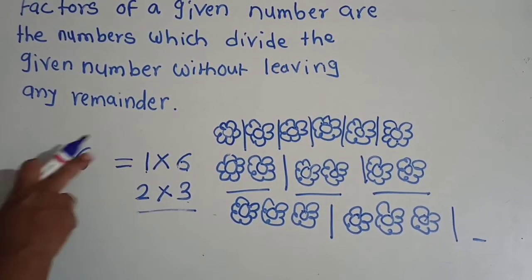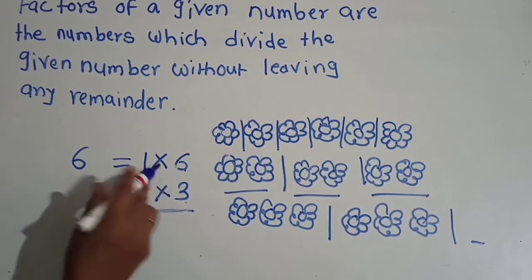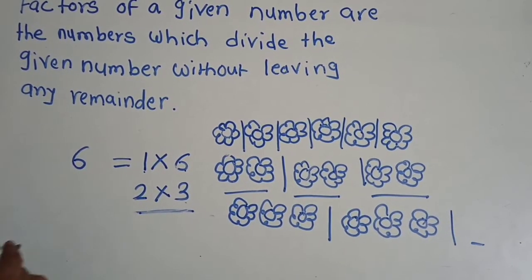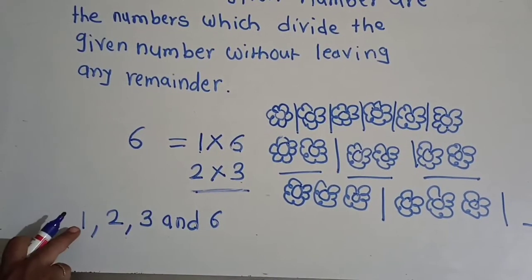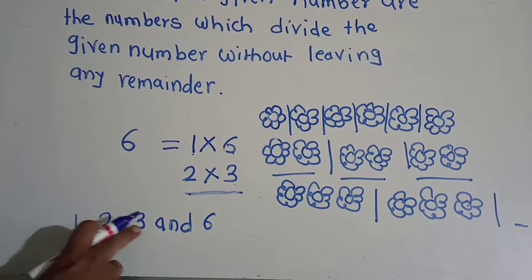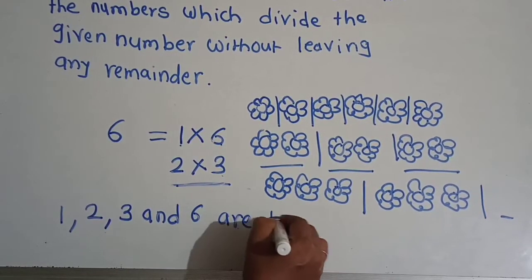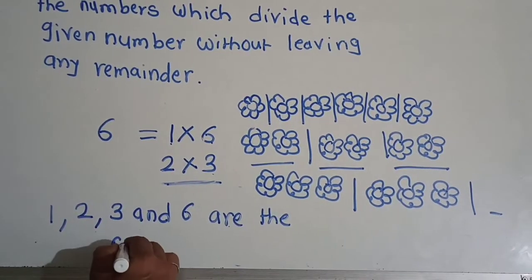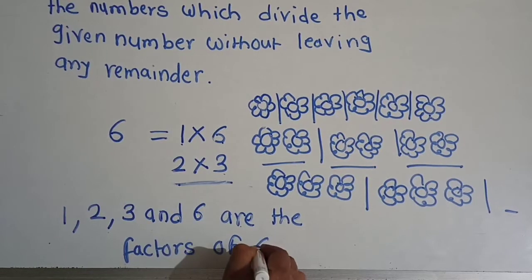Then 6 ones are 6, also remainder 0. So these are the factors. This 1, 2, 3 and 6 are the factors of 6.